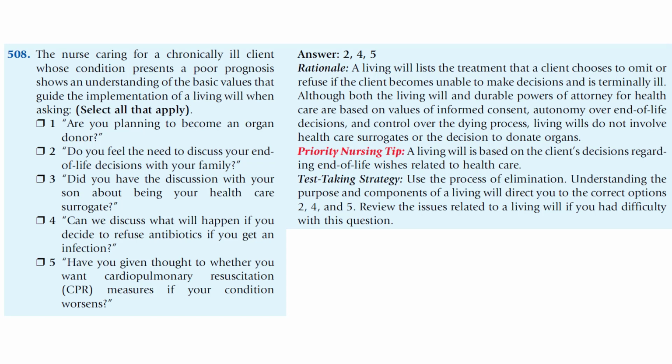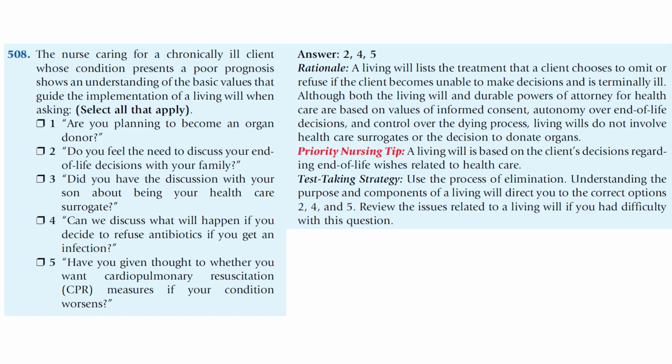Did you have the discussion with your son about being your healthcare surrogate? 4. Can we discuss what will happen if you decide to refuse antibiotics if you get an infection? 5. Have you given thought to whether you want cardiopulmonary resuscitation measures if your condition worsens?